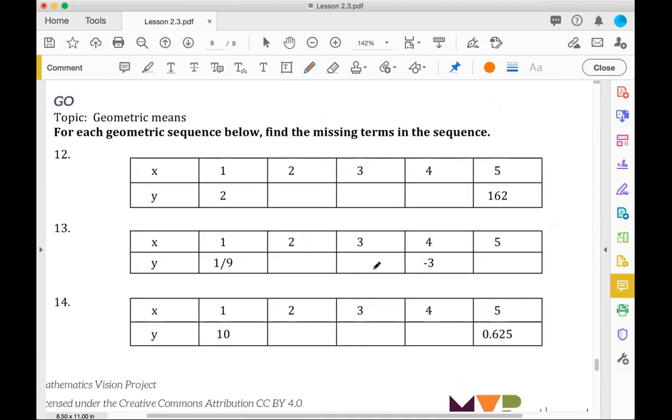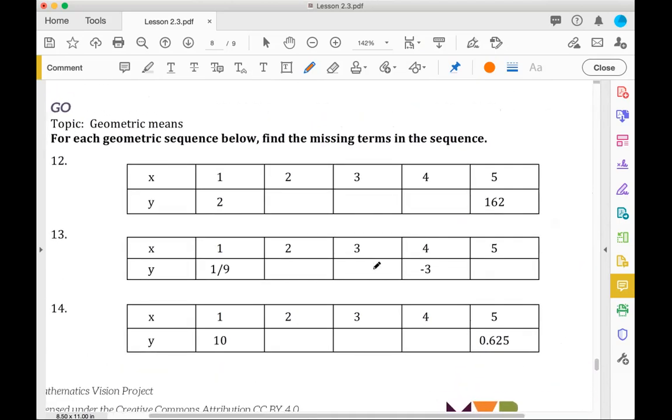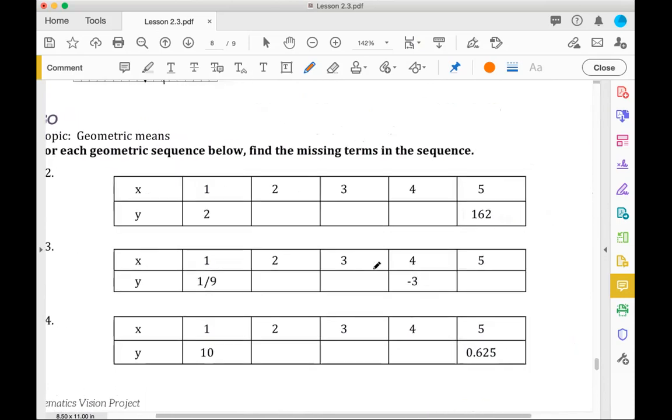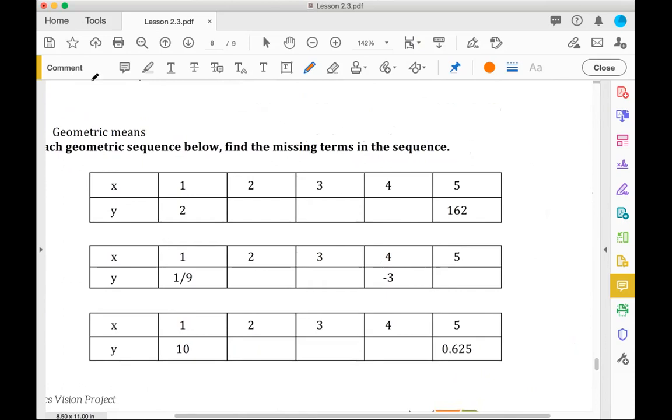Lots of tables here. I'll kind of hop through everyone here. So this is asking us to find the missing terms in the sequence. Since it's geometric, again, real G's multiply, and sometimes they divide to get the next term in their sequence.